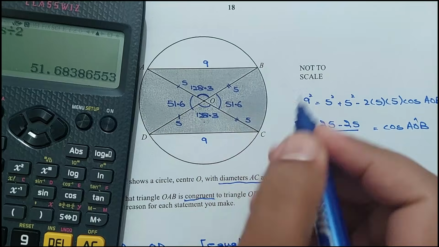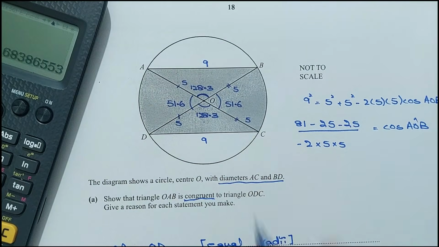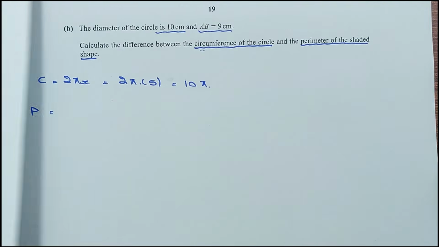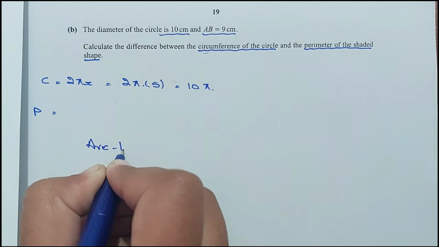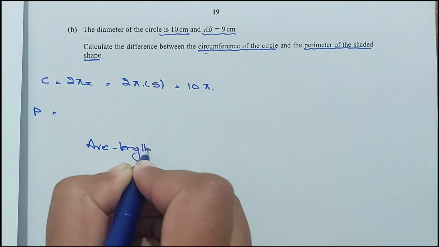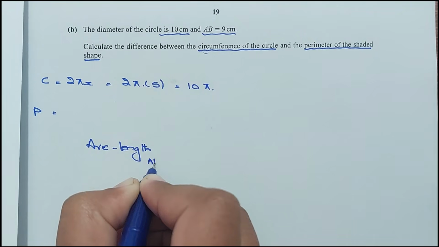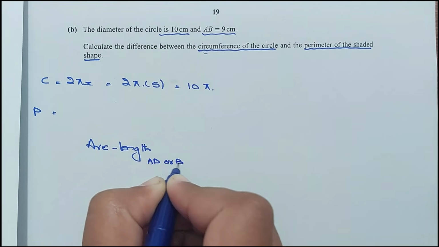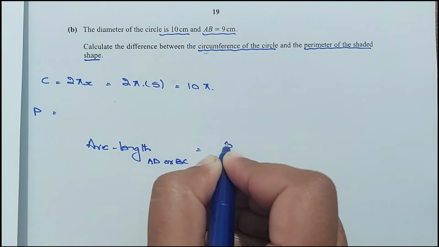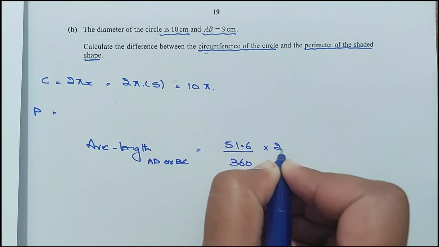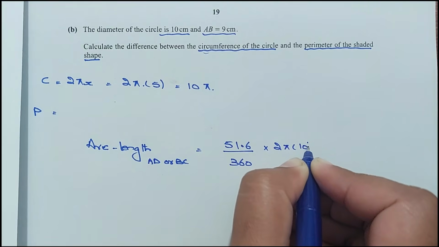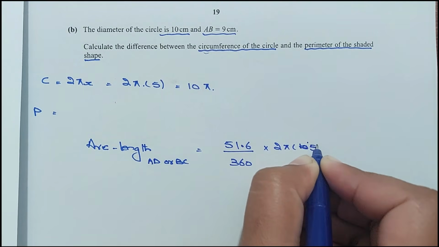Now we have to find what BC and AD are. This is an arc length, right? So the arc length has a formula: theta over 360 times 2 pi r. So we can find the arc length of AD, or we can say BC, which is 51.6 degrees over 360 degrees times 2 pi, and the radius is 5.